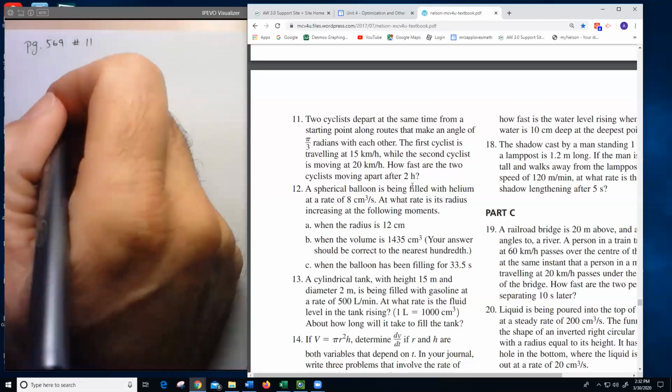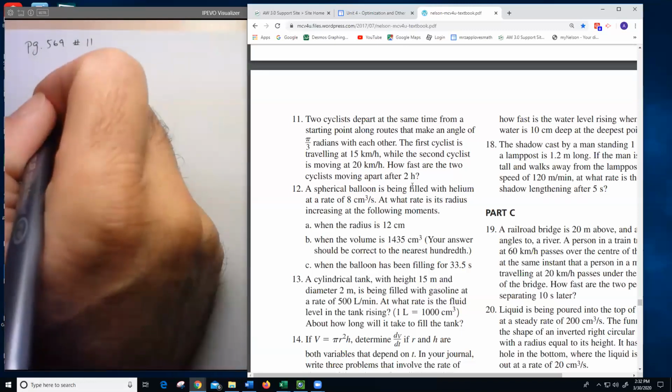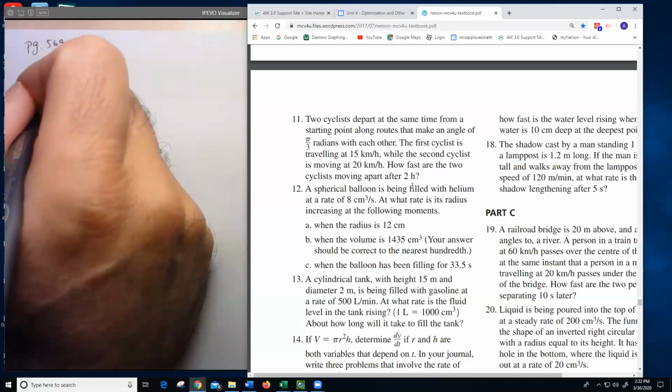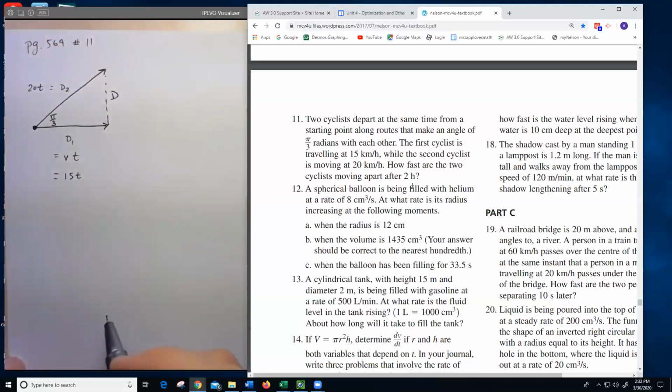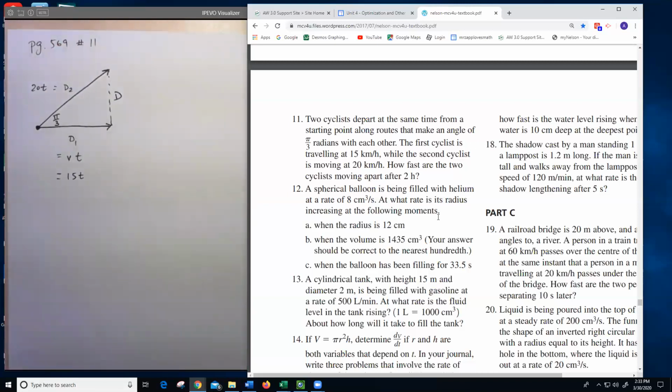And then my d2 is just going to be 20t, okay? And I think I had a good suggestion where somebody said, hey, why don't I use cosine law? If you remember correctly from grade 10, Pythagoras is just a special case of the cosine law, all right?